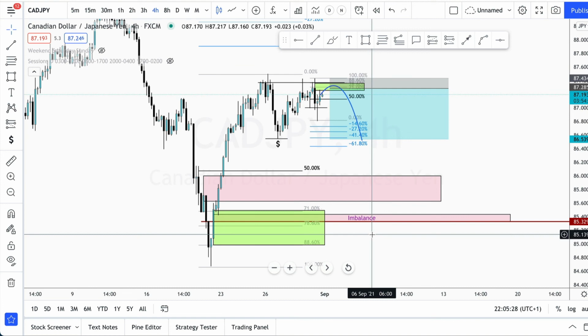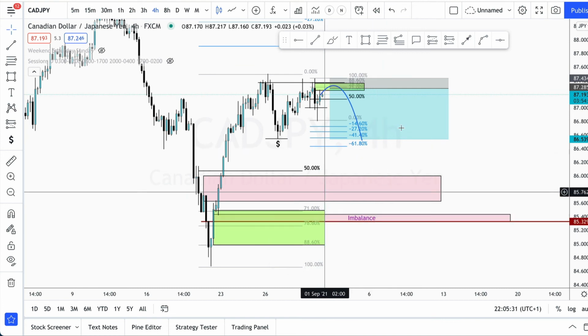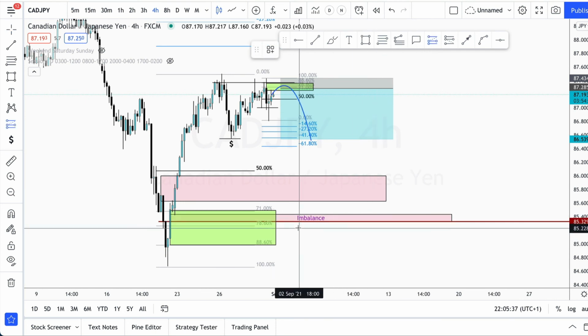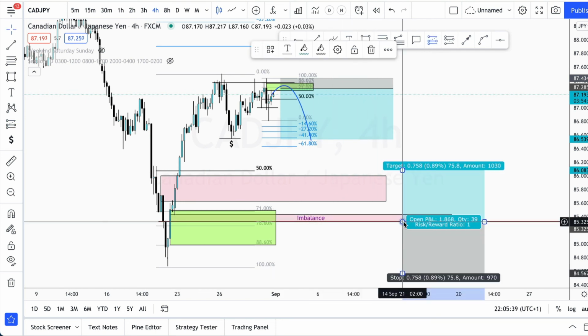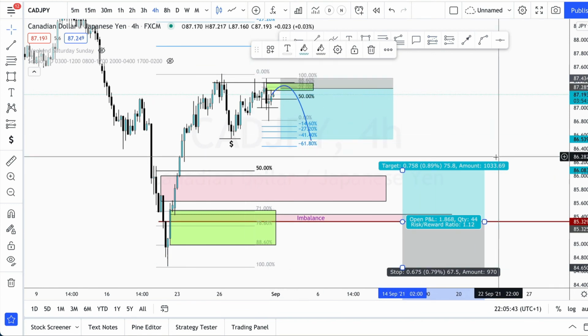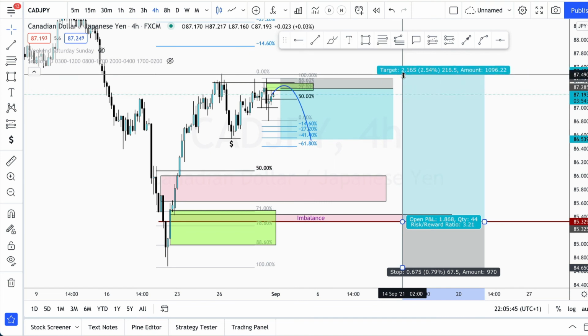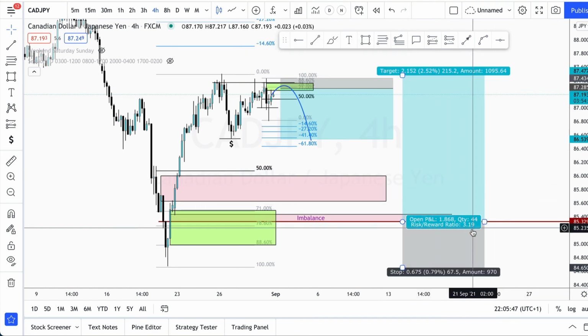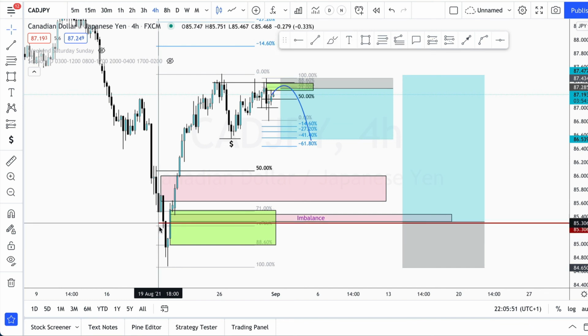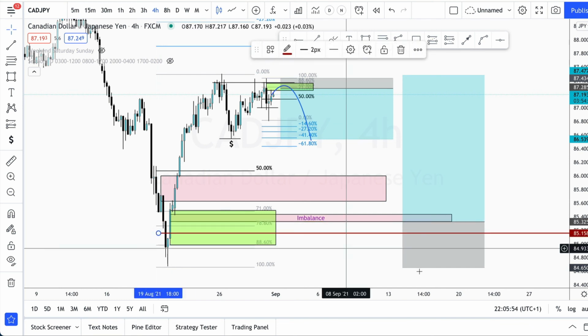So yeah, that's potentially what I'm looking at. And then I'll probably look for an entry down here. So off of the open of this, stop loss here, and then we've got targets up here. And that's only a 1 to 3 trade, so I'll probably take the 50% of that candle, which is roughly there.